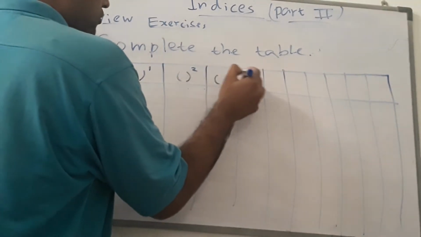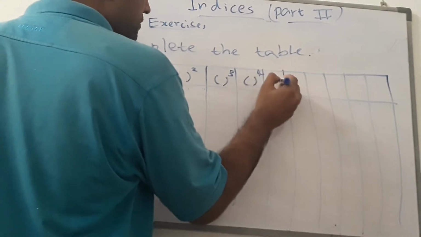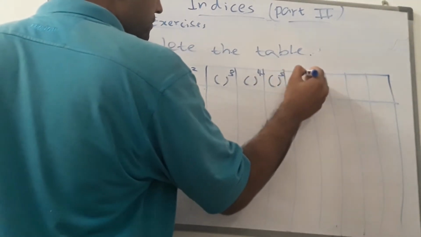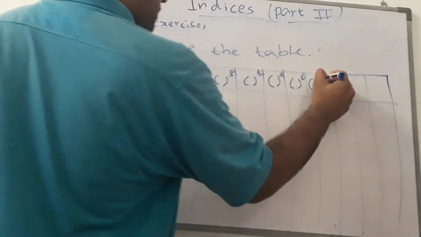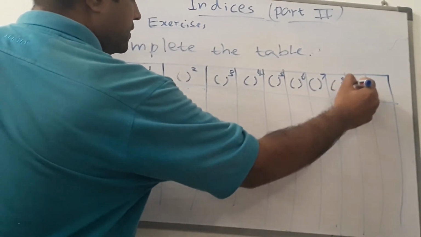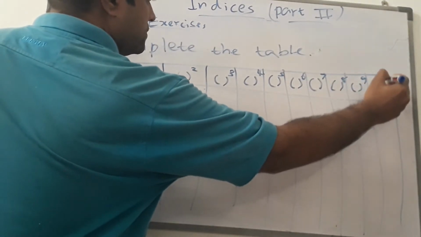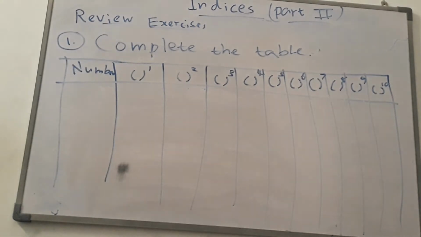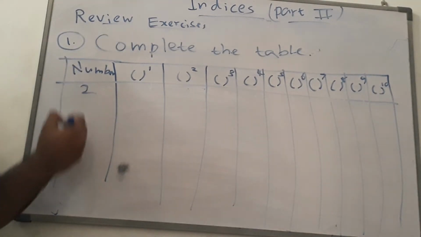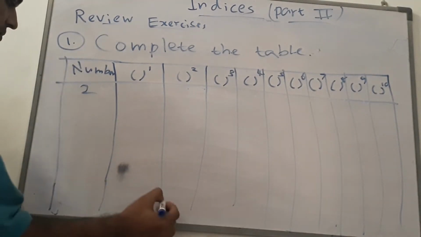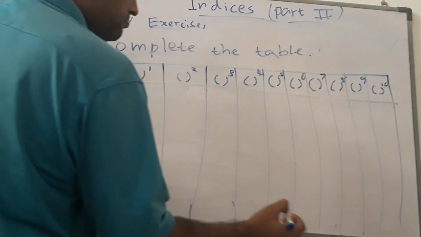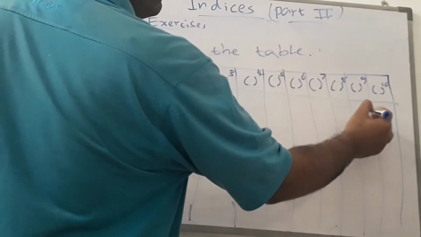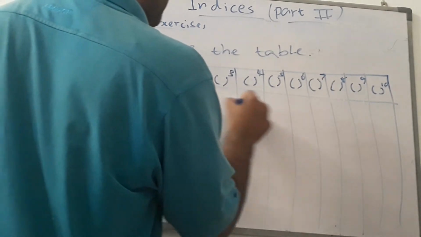I will teach you how to complete this table. Our first number is 2, and we want to find the powers of this.